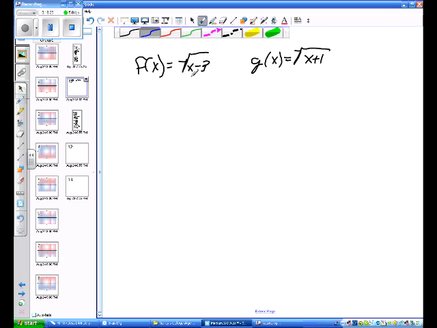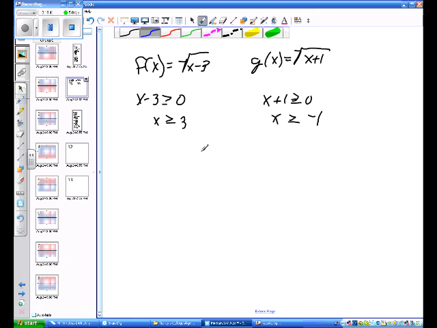Well, for this one, x minus 3 has to be greater than or equal to 0, so x is greater than or equal to 3. For this one, x plus 1 has to be greater than or equal to 0, so x has to be greater than or equal to negative 1.